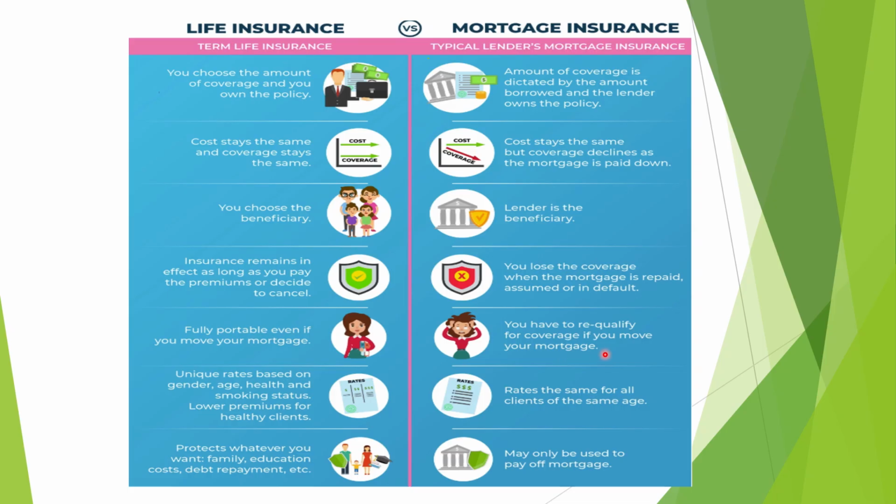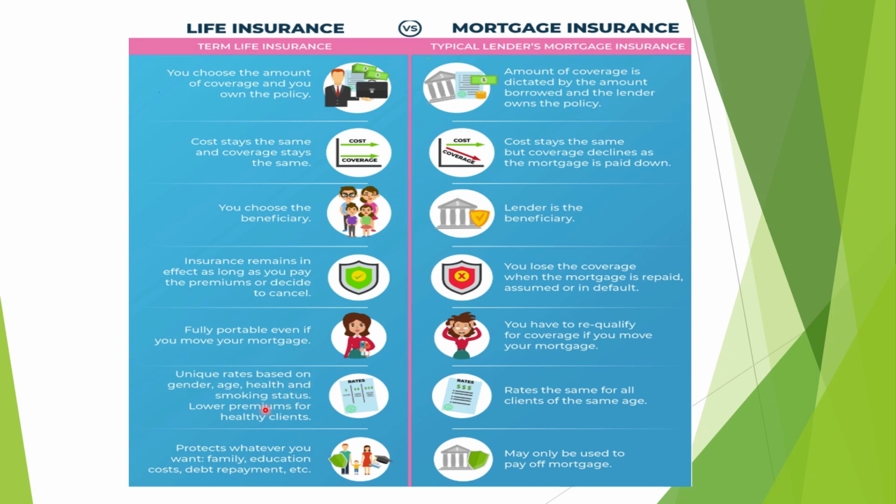Whereas for mortgage insurance you have to qualify again, and your premium is adjusted based on your new mortgage, which again means you are paying more, and it's not suitable to go with mortgage insurance in this case.